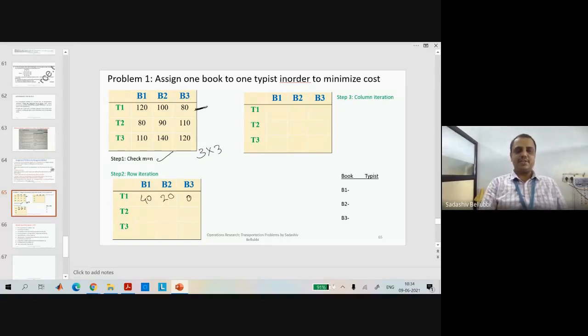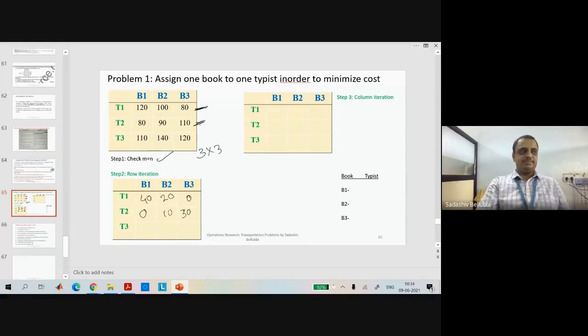In the second row, what is the least number? 80, 90 and 110. Again, in the second row, 80 is the least number. If you subtract 80 from all the numbers, then it's 0 and 10, and the next one is 30. I hope it's clearly visible.